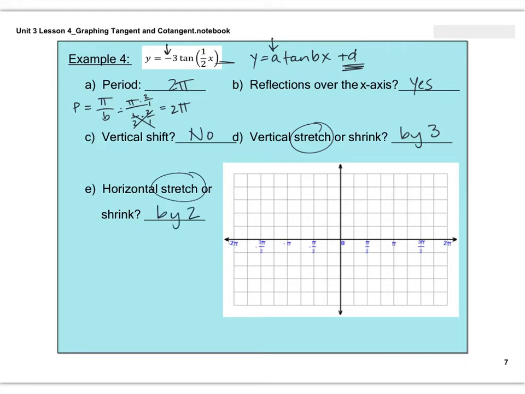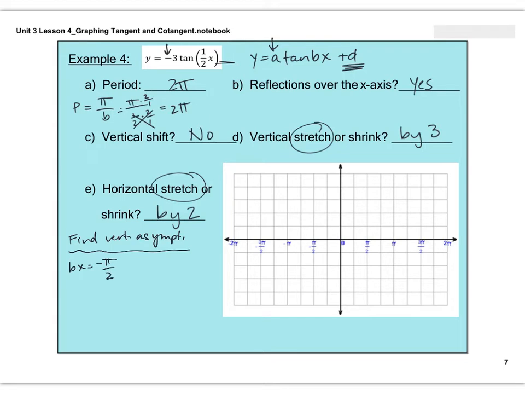Next, we have to think about where our vertical asymptotes go. For graphing, the first thing you have to do is find your vertical asymptotes. Now remember, we're going to think about where our vertical asymptotes are normally for the tangent. We're going to use a formula: bx equals -pi/2.